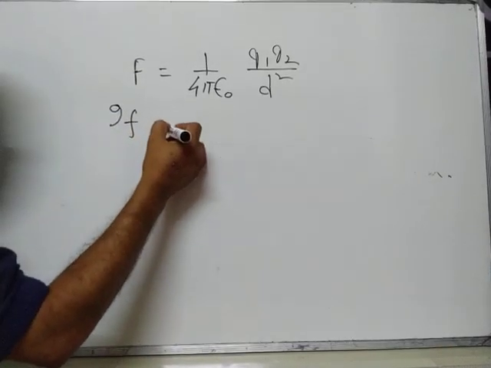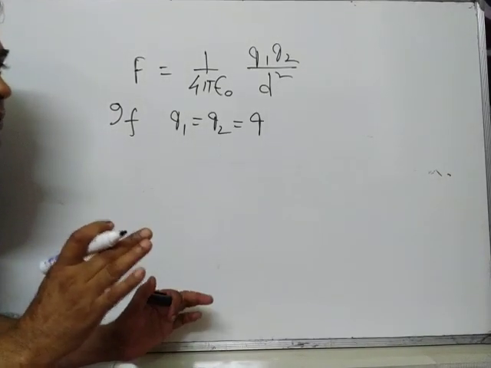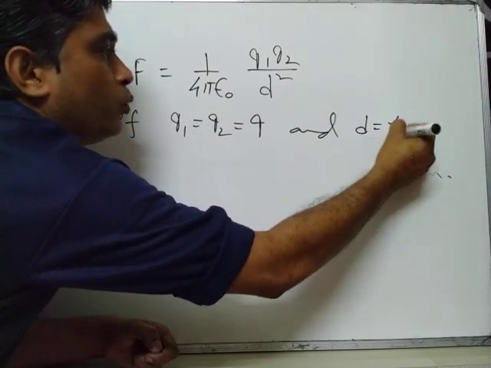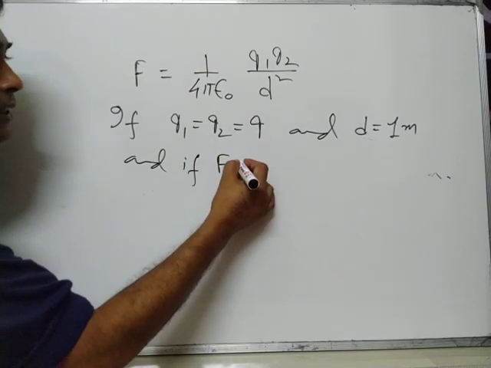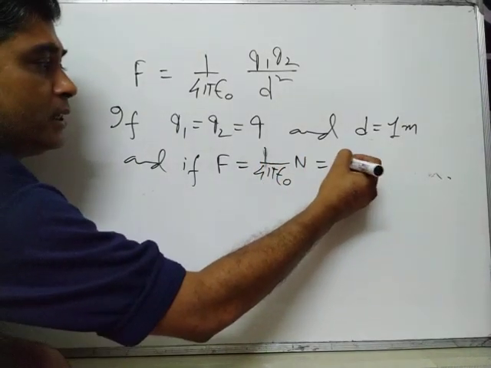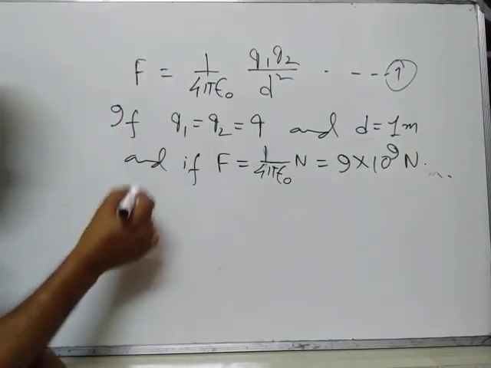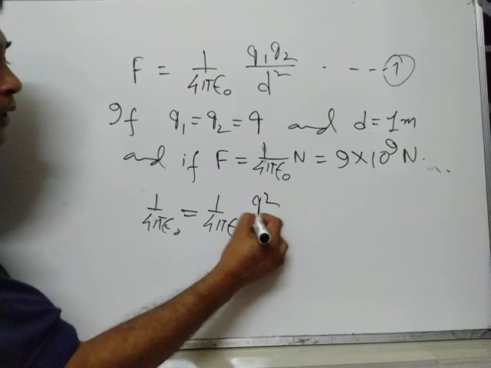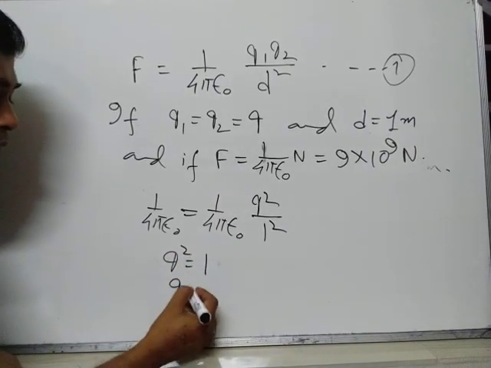If q1 equals q2 equals q, that is two point charges of the same amount, and d equals 1 meter, and if F equals 1 by 4 pi epsilon 0 Newton, that is 9 into 10 to the power 9 Newton, then from equation 1 we get q square equals 1, that is q equals plus minus 1.